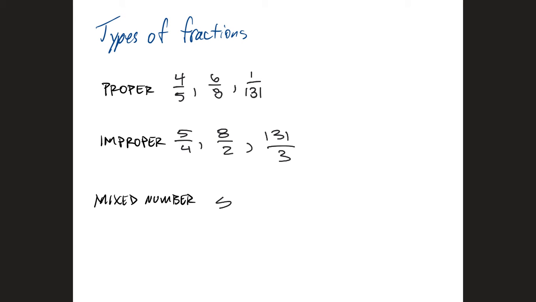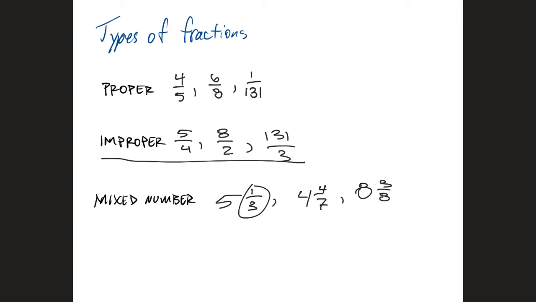That's when you have a whole number part, an integer, and a fraction where the fraction component is a proper fraction. You often see this when you do long division. So we got 4 and 4/7, 8 and 3/8. Those are just a couple examples of what those might look like. We're mostly going to be dealing with improper fractions and proper fractions here.